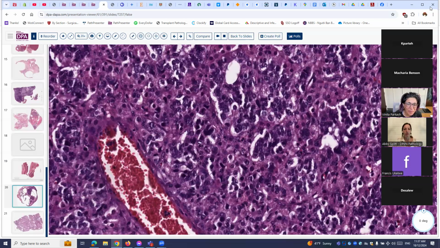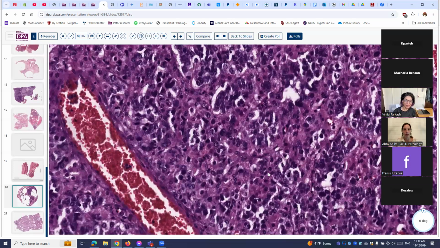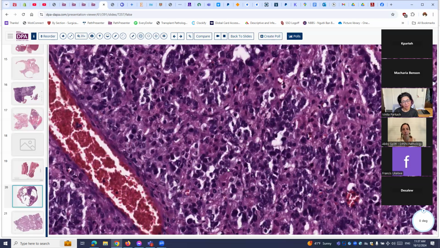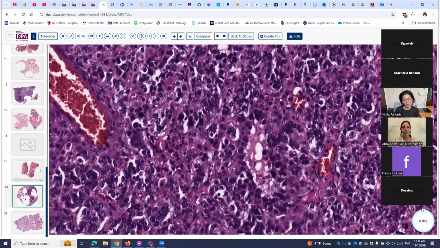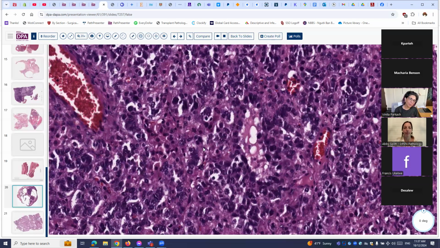Yeah, I'm looking at round cells with dark, hyperchromatic nuclei. Kind of some big granular structures or slit-like structures.